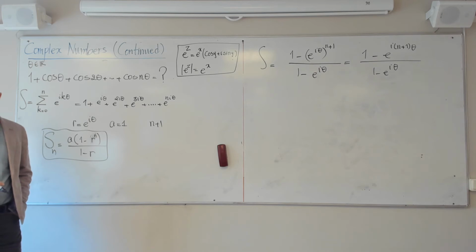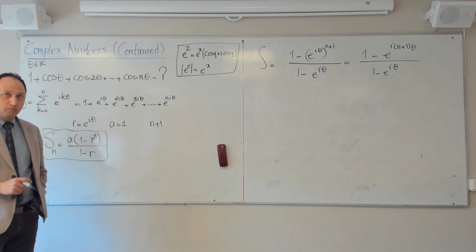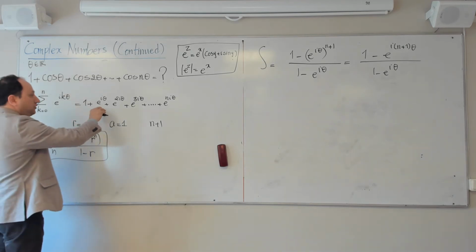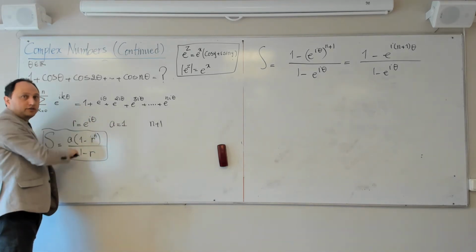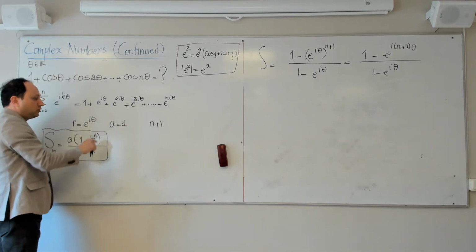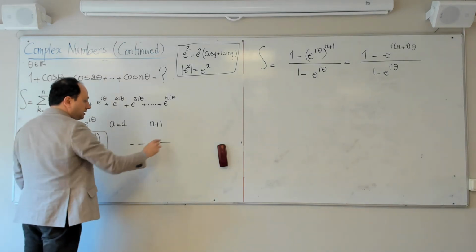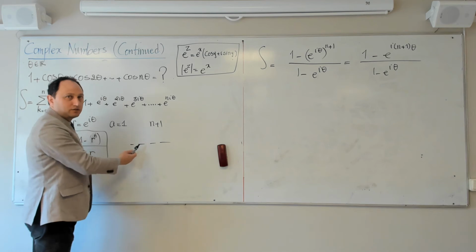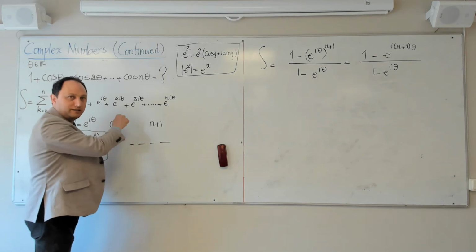Just wondering, can we assume that the formula works even when we're working in complex numbers? Yes, because if you go and see the proof of this formula, you write your series and then you multiply them by a number and add them together. All those rules are still valid.